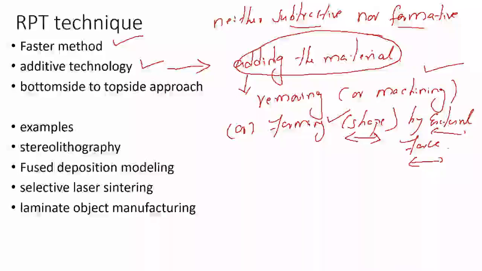So what they do is they give the shape to the particular material as per the requirement in some other layers or some other places, and while assembling, while developing the prototype, they don't do that.